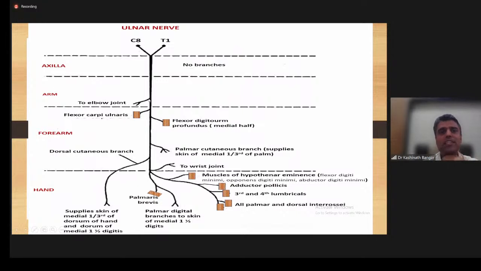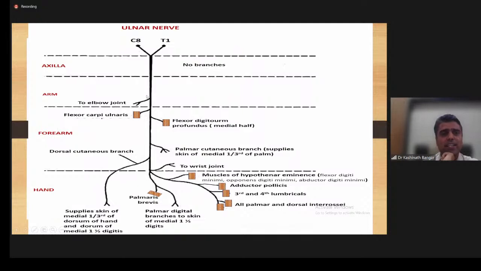In the arm, it gives branches to the elbow joint. So I hope you can see. Now, in the forearm, it gives various branches, one to flexor carpi ulnaris and one to flexor digitorum profundus medial half. So these are the two motor branches. And in the forearm, it gives one more branch, that is the dorsal cutaneous branch.